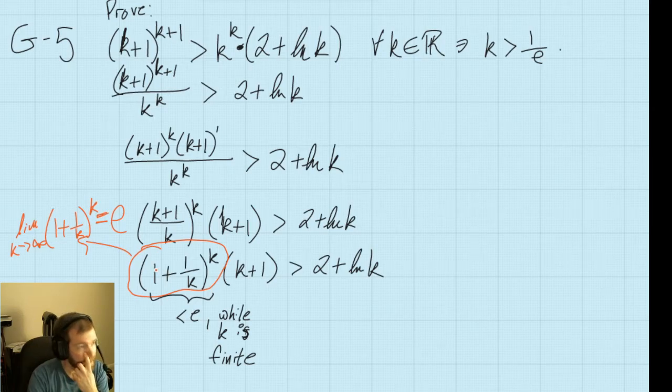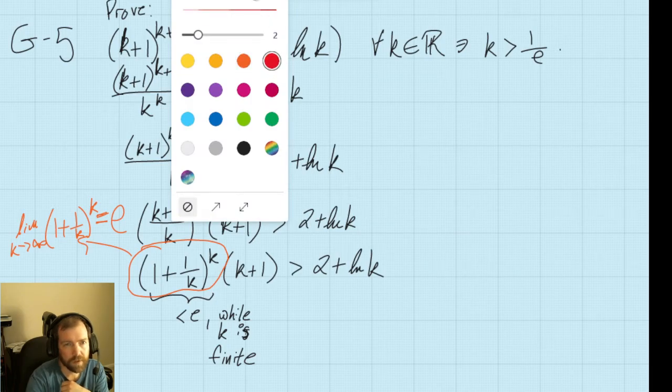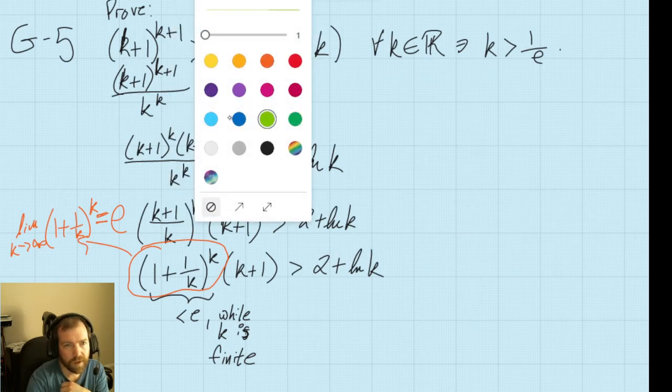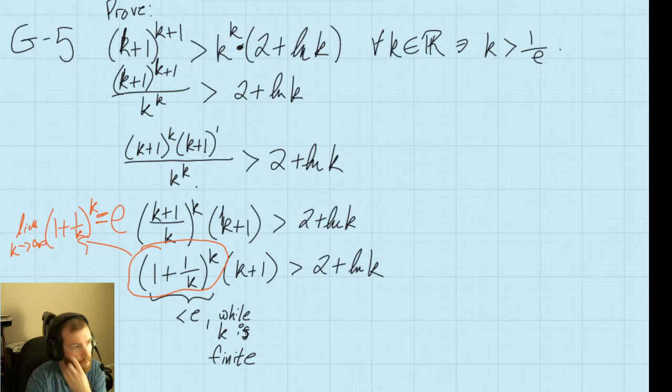Then this stuff here is always going to be less than e. You could check that, just plug in 1, plug in 2, whatever you feel like, and all those numbers are going to be less than 2.7.